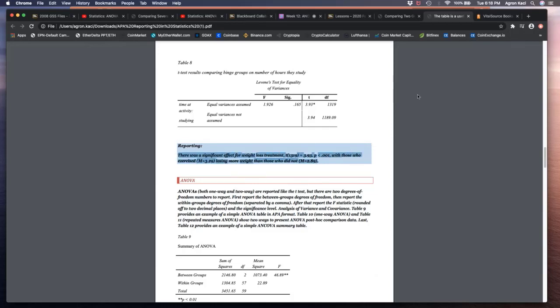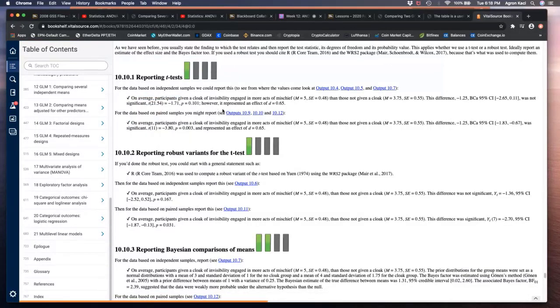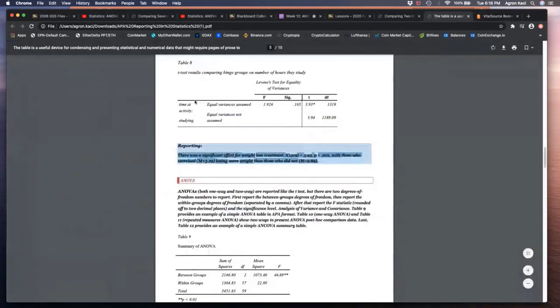One more thing: in the book, section 10.10.1, reporting the t-test, you say on average, participants given a cloak of invisibility engage in more acts of mischief, and then you put the mean and the standard error. You can also leave the standard error out when you place the table in the report.